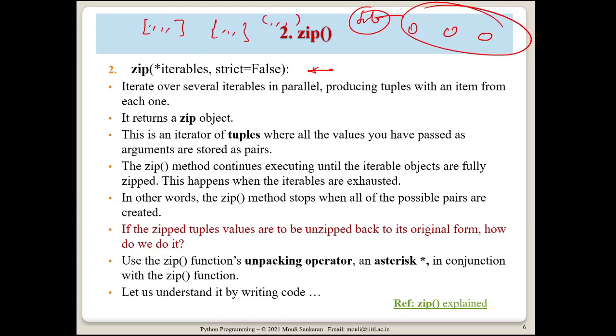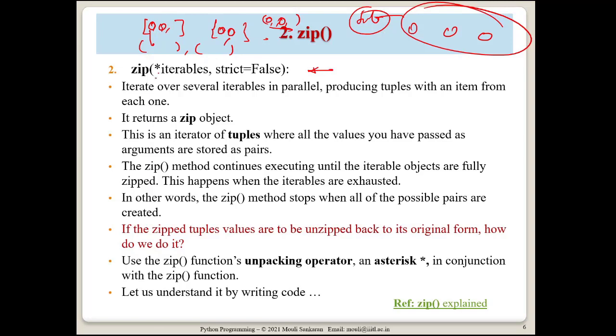That means I want to put all the first elements together, and all the second elements of the different iterable objects together. So I want to create a tuple of all the first elements, then all the second elements, of all the iterable objects I pass.